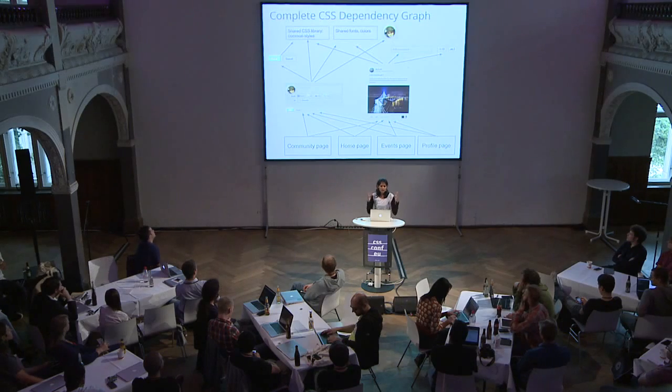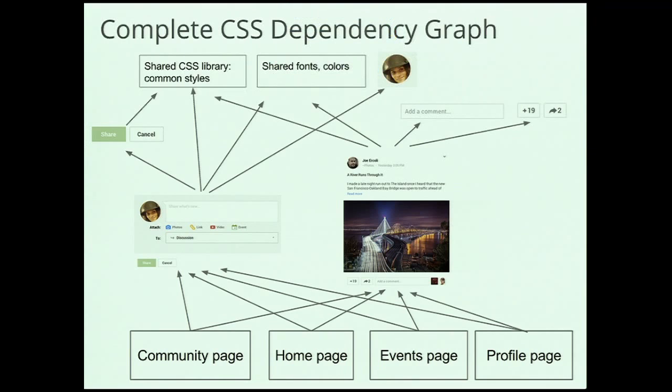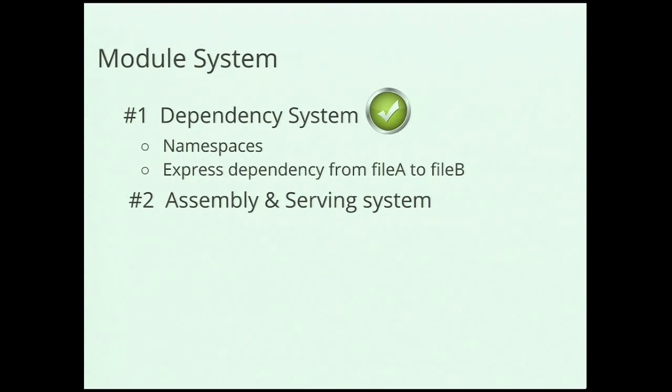And we essentially have a complete CSS dependency graph that includes all of our shared styles and components, fonts and colors, and the Google common CSS libraries, et cetera. So this covered our dependency system. We have namespaces. We have a way of expressing dependencies.